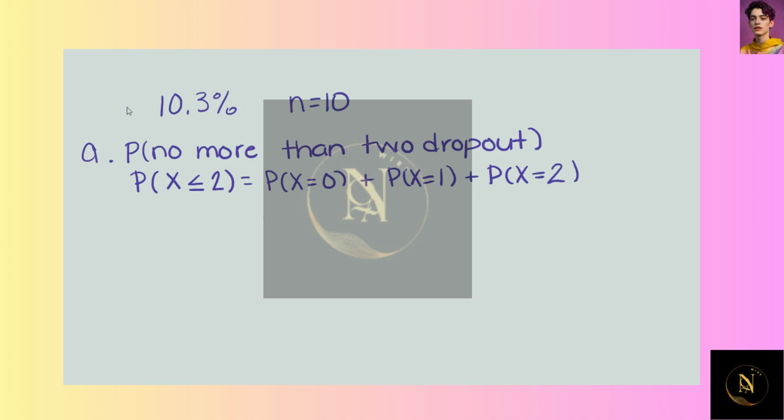There are easier ways to go about this problem, but I'll show you what we would do if we were using the formula: 10 factorial divided by 10 factorial, 0 factorial, times 0.103 to the 0 power times 0.897 to the 10th power. That would be just to find the probability that x equals 0. You would repeat that process for x equals 1, changing the zeros to 1s, and this 10 would be a 9, and do the same thing for x equals 2.